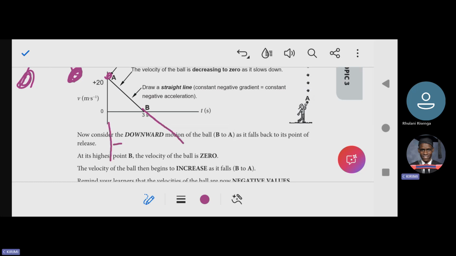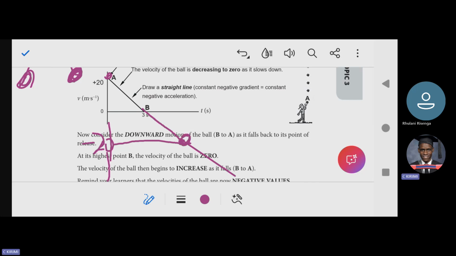At that point, it's back to where it started from. Then if it hits the ground at a certain velocity, suppose it's negative 30 meters per second, you continue until you reach that speed at which it hit the ground.